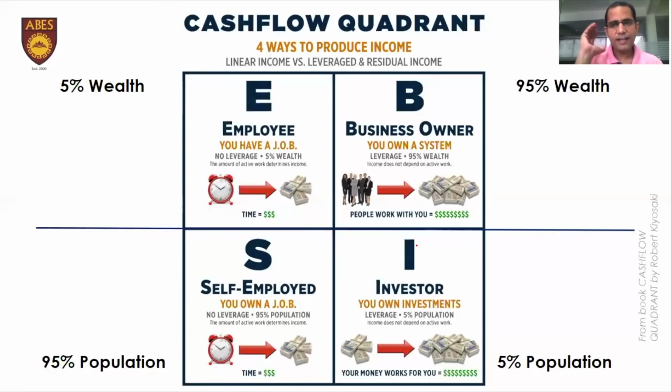The difference between the right and left side: the right side person, when they become the business owner or the investor and they go for a holiday, this B and I helps them to generate money while they are on holiday. Whereas on the left side, when you leave the job, you are not able to earn any money. When you are not sitting in your shop or in your business as a self-employed person, you will not earn any money.